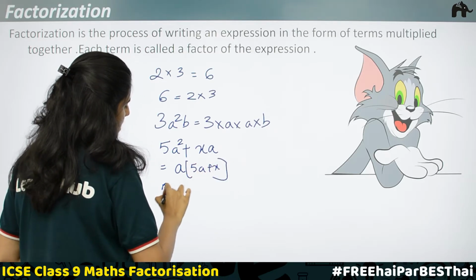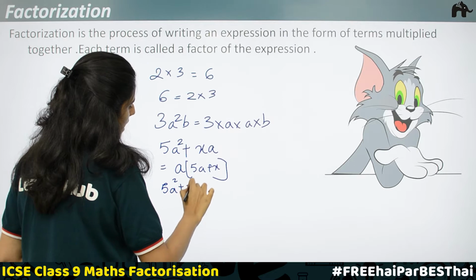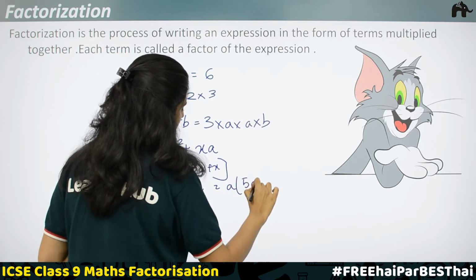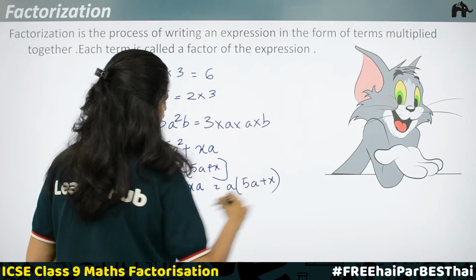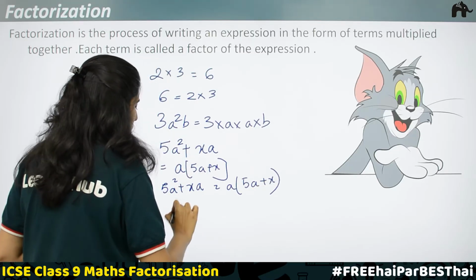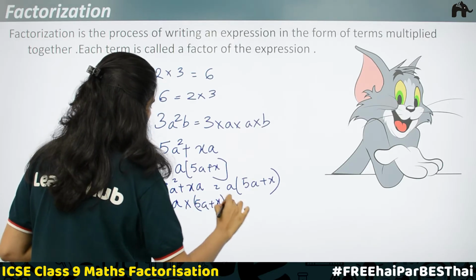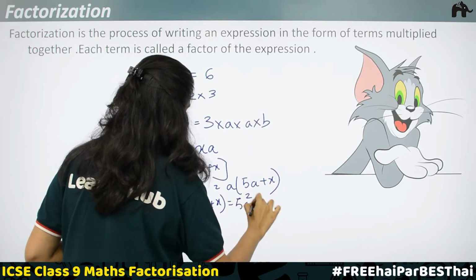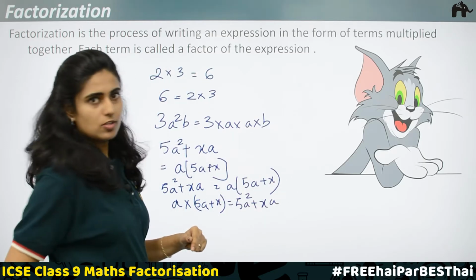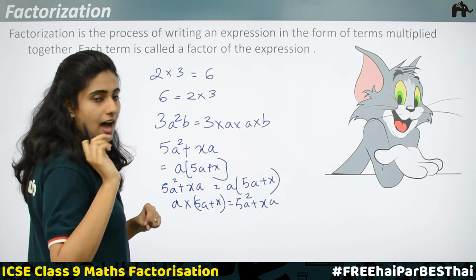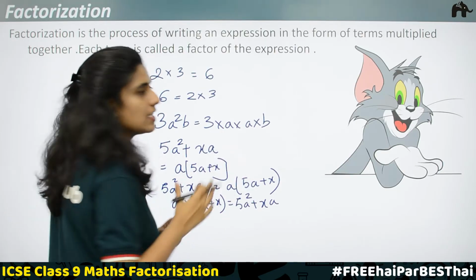So we can say 5a square plus xa is equal to a into 5a plus x, which means the product of a into 5a plus x is 5a square plus xa. So the factors of 5a square plus xa are a and 5a plus x.